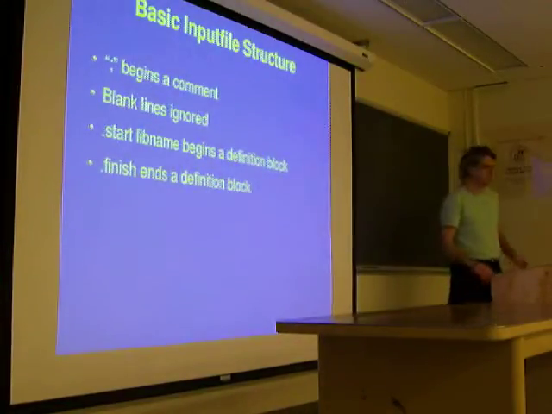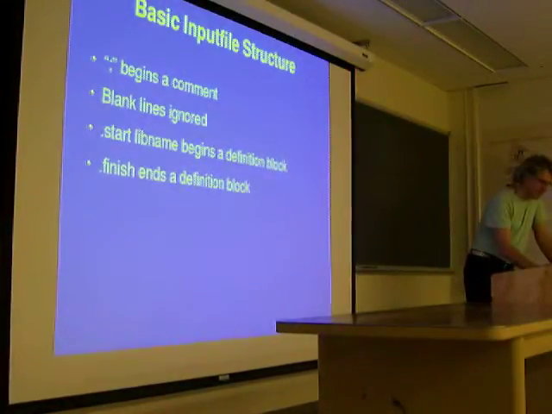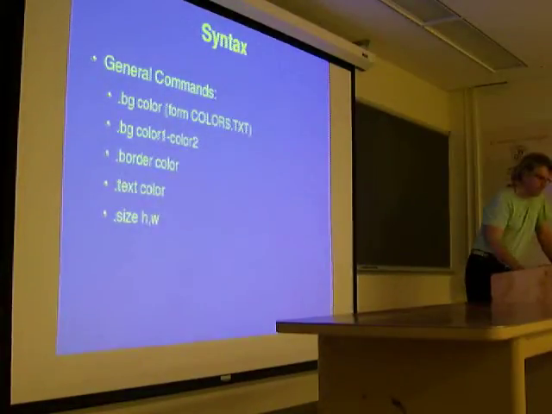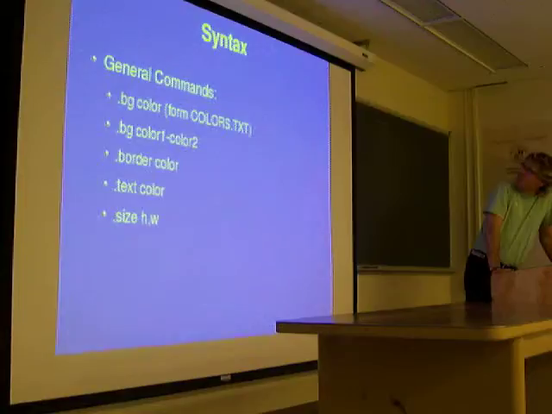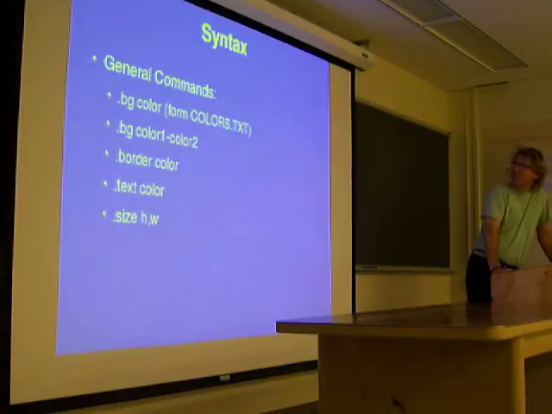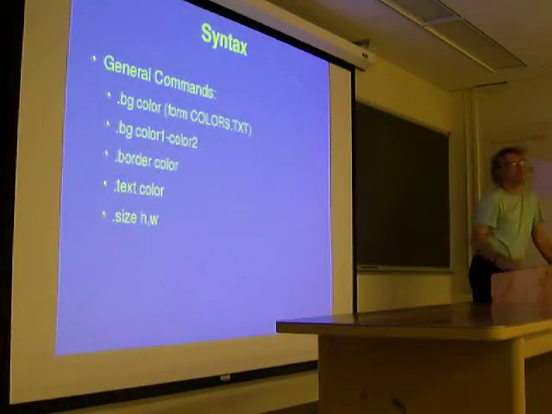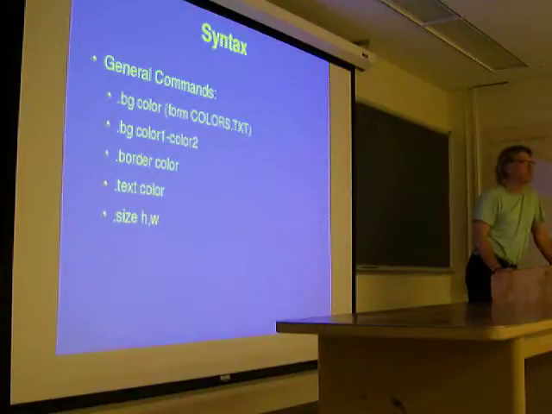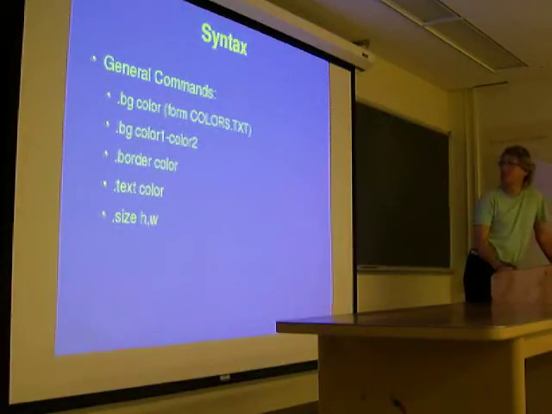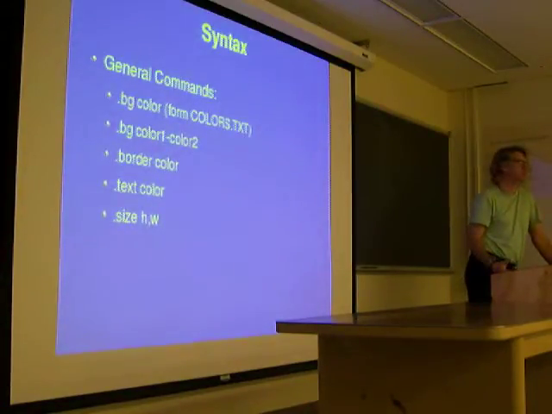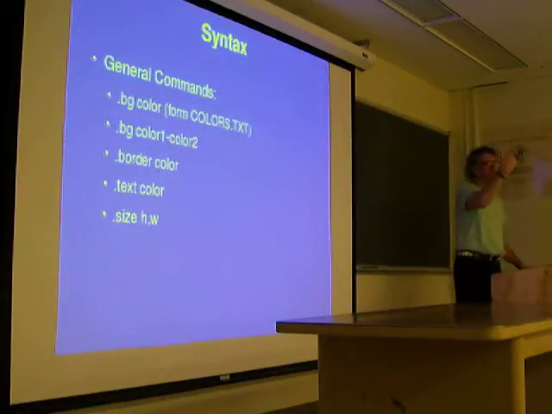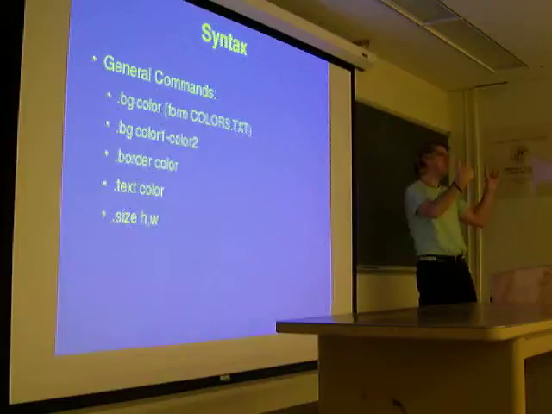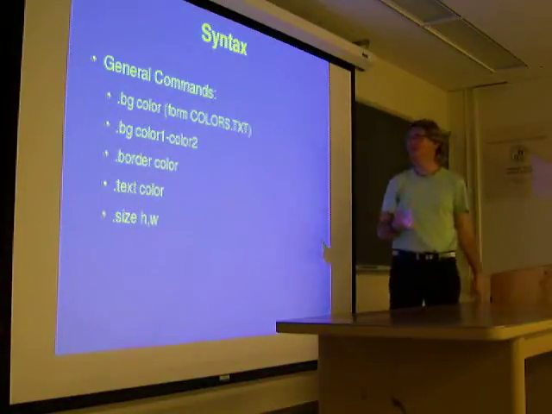General commands: you can say .bg and put in a color. All the colors, I think, can be 6-digit hex numbers, which will be an RGB value, or you can use a name from this colors.txt file. colors.txt just pairs 6-digit hex values with names, so you can say blue, green, navy blue, sky blue. Background color says what the background color for each cell should be.